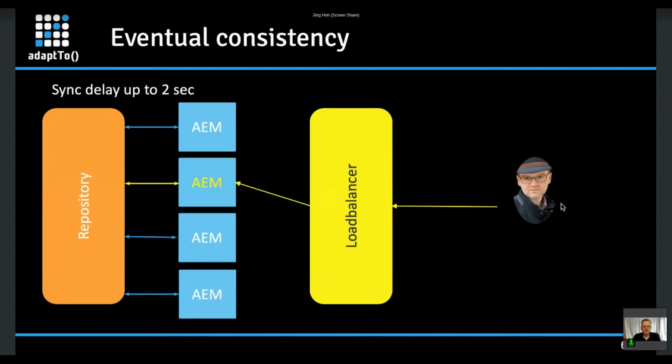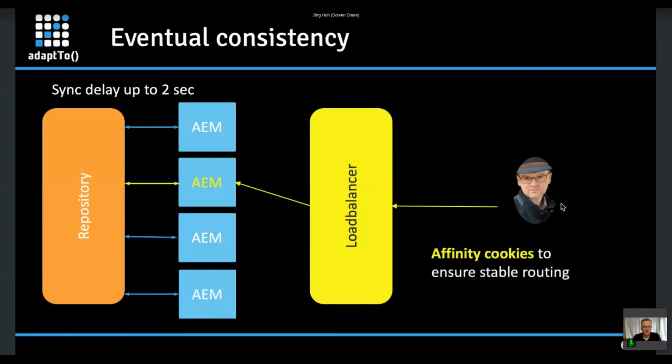And so what does it mean? Assuming that I do a post and I do a reload of the page, of course I want to see my change immediately. That means the load balancer should not point me to some other AEM instance, but it should point me to the same AEM instance all the time. So I think in previous times we called this session affinity.